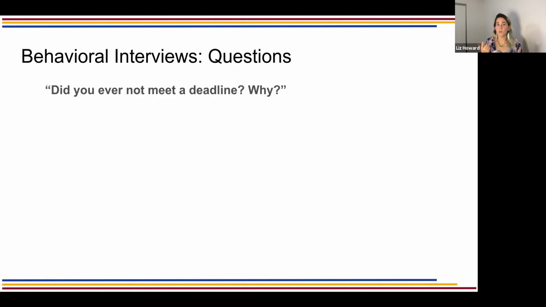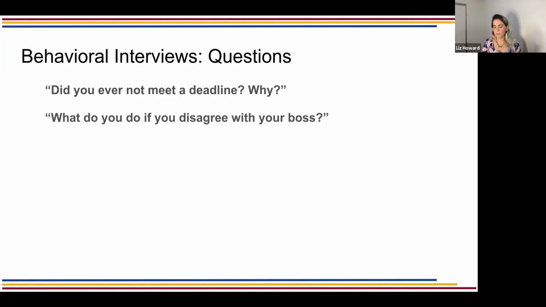Do you know in advance whether you're going to miss a deadline? And when you know in advance that you're going to miss a deadline, how is that communication happening? And how far in advance do you actually know you're not going to meet that deadline? So this is meant to really uncover your planning skills. But there's a lot of questions like this, like, what do you do if you disagree with your boss, right? Where the answer is actually deceptive.